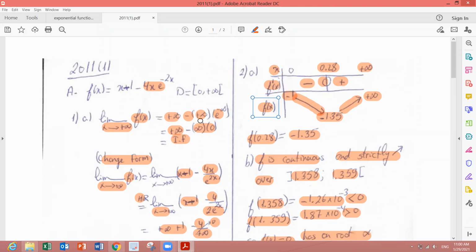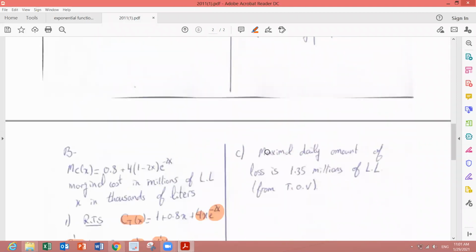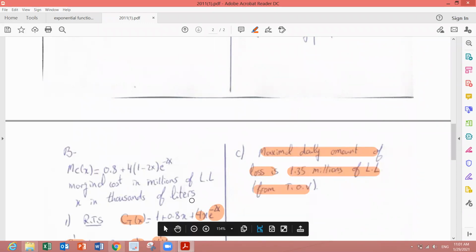How much is its value? It is minus 1.359. So we can say that the minimal daily amount of loss, why did I say loss? Because the profit is negative, is 1.359 millions of Lebanese lira. I get the result from the table of variations.